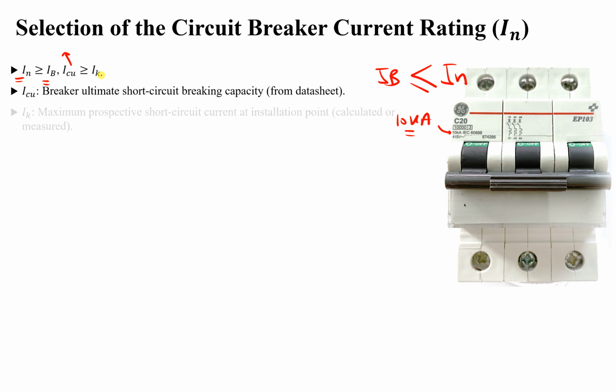IK here represents the maximum prospective short circuit current at the installation point. This is the actual maximum short circuit current that can happen at the location of our breaker. So our breaker must have a capacity greater than the maximum possible short circuit current that can pass through it.